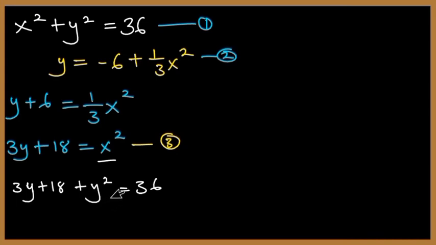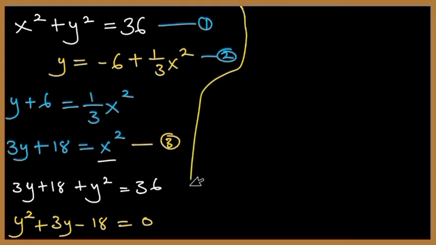Moving the 36 to the left hand side and rearranging this, I'll have y to the power of 2 plus 3y here. Now this one moves here, so it becomes negative 18 equals 0. So now we have a quadratic equation.